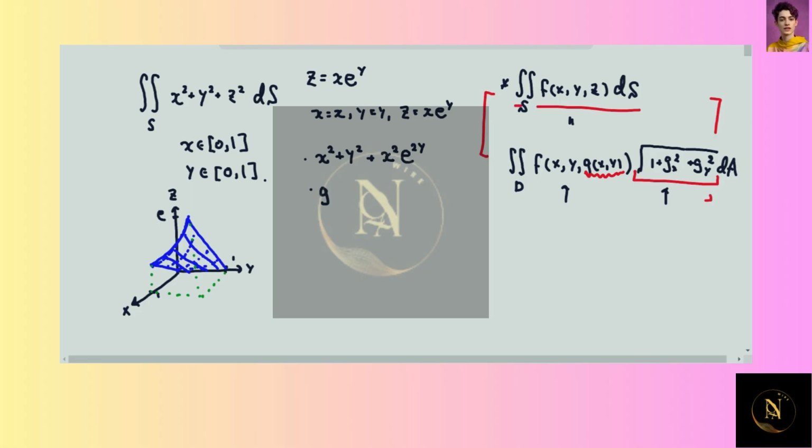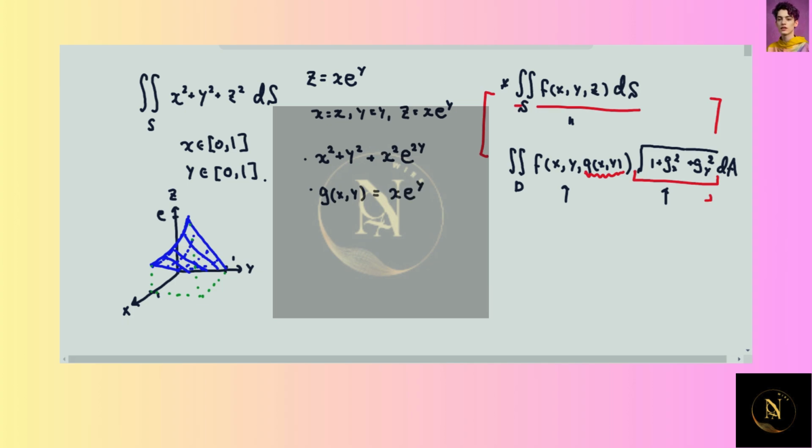Currently we have g of x comma y equals x squared e to the 2y. Oh, sorry, that's actually z squared. Let me go back a step. g of x, y is simply the z, so g of x, y is equal to x e to the y.